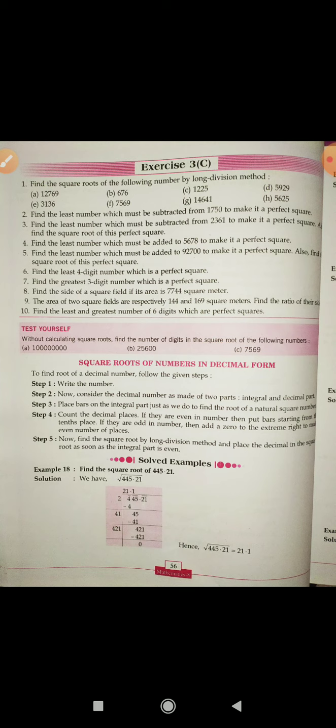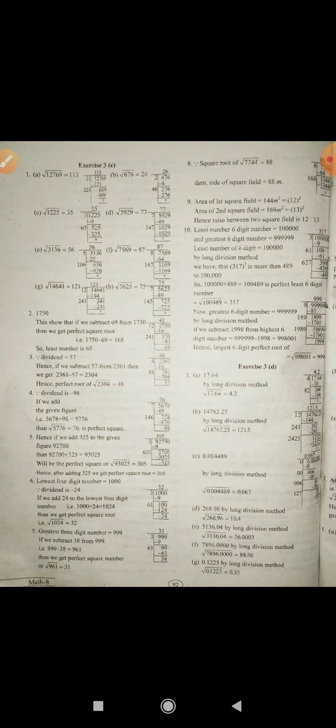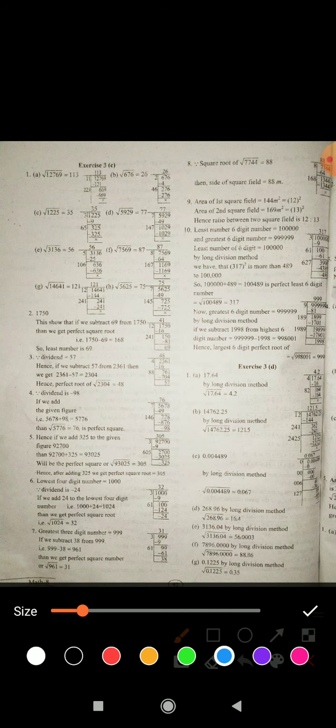Exercise 3c: find the square root of the following numbers by the long division method. The number is 12769. Here is how to find it. First you find the number whose square is closest: 11 into 11 is 121. We write 121 here, subtract, and we get 6.